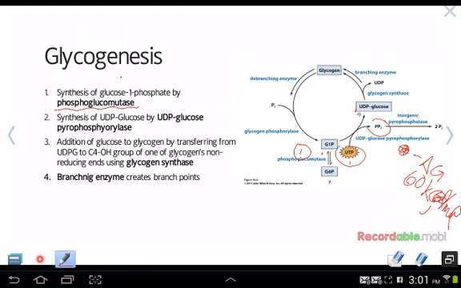It's actually UDP over to the glucose, and what this does is make this molecule a high energy molecule, so that when we add UDPG to the reducing end of glycogen using glycogen synthase, the transfer of the glucose to glycogen and releasing UDP makes this reaction more spontaneous. Oh, I spelled that wrong. Branching enzyme can then create new branch points as the glycogen molecule is growing.